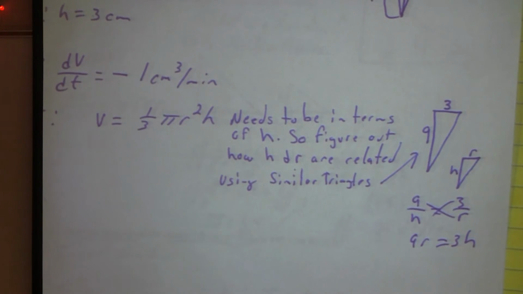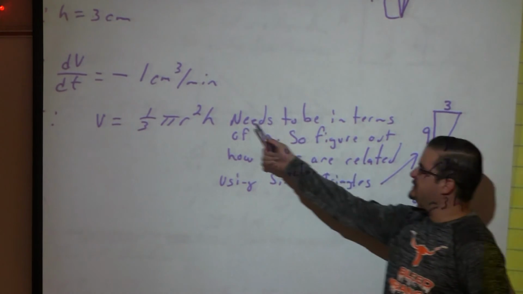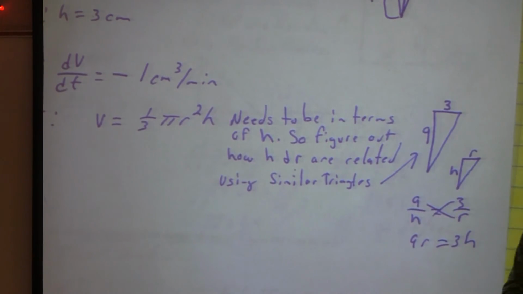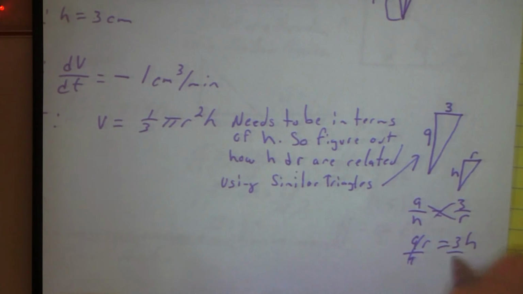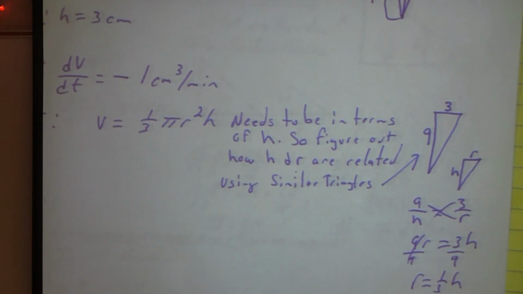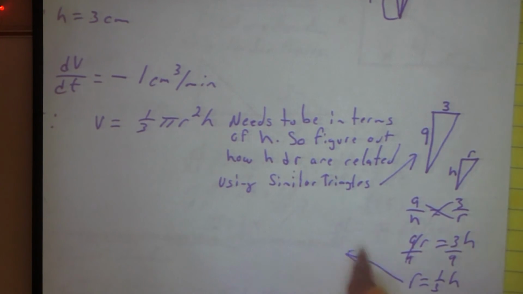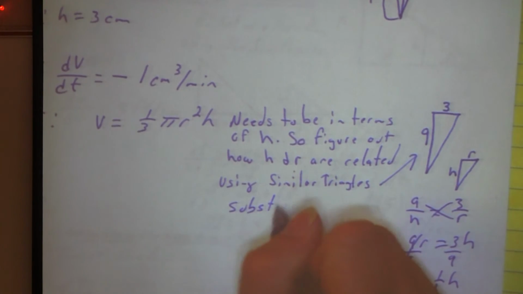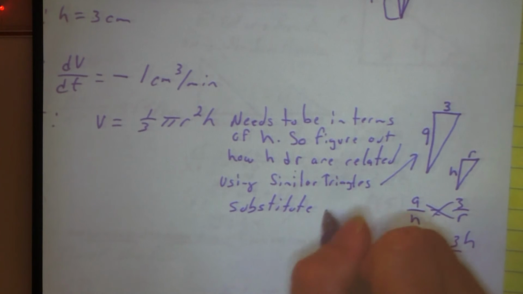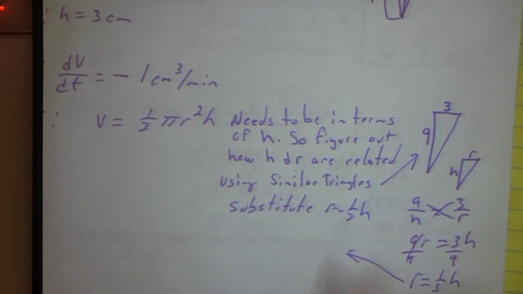Do I want r equals or h equals? r equals, because we want to replace r. So let's divide by 9. r is going to be 1/3 of the height. And now we can substitute r equals 1/3 h.